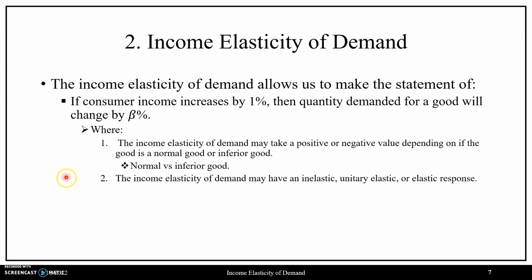Additionally, the income elasticity of demand may take on an inelastic, unitary elastic, or elastic response type, which will determine the strength of the relationship of the normal or inferior good. So to proceed, let us consider the cases of a positive and a negative value income elasticity of demand.